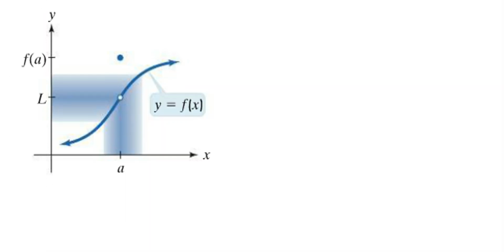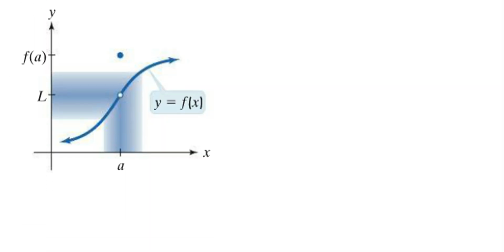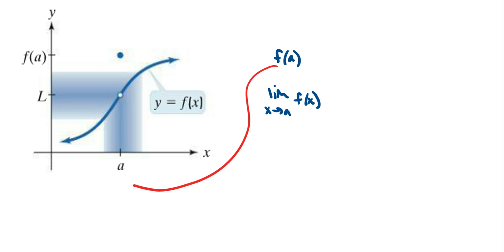Let's see one that looks pretty similar to what we just did, and we're going to evaluate f of a and the limit as x approaches a once again. So for f of a, we find a, and there's a hole here, but there's a filled in circle right here. So f of a does exist. It's whatever f of a happens to be. It's just labeled f of a over here.